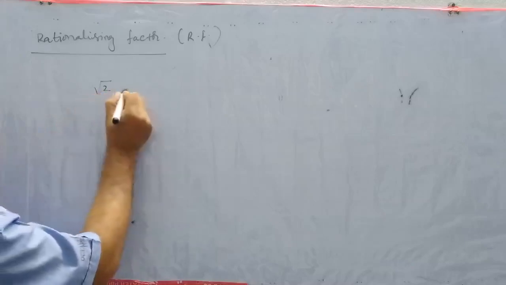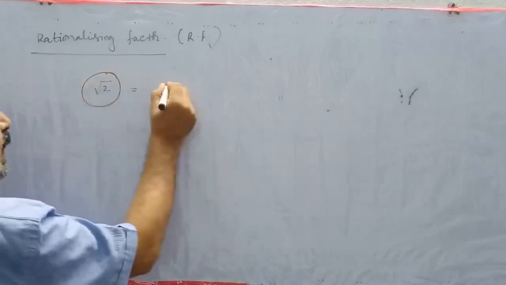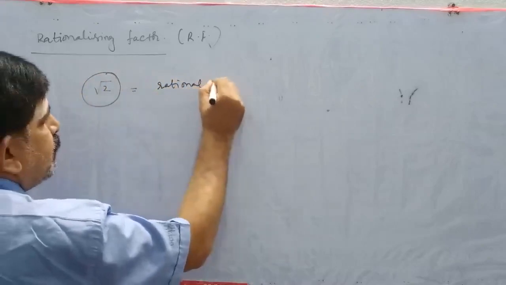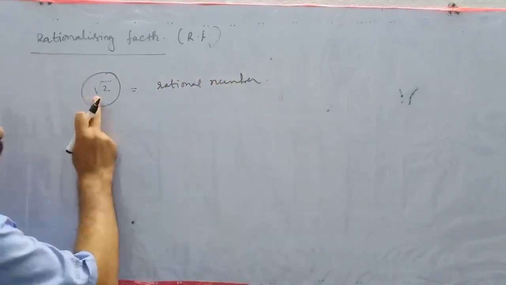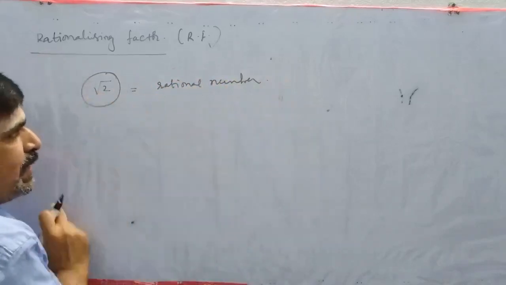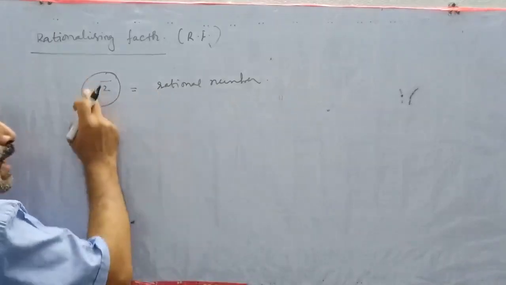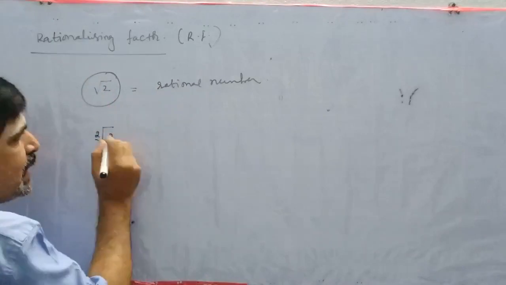Okay, so this root 2 is, how much is multiplied by this root 2 will get a rational number. That is the rationalizing factor. Here, what is the order of the surd? 2. So square root of 2 is the surd.